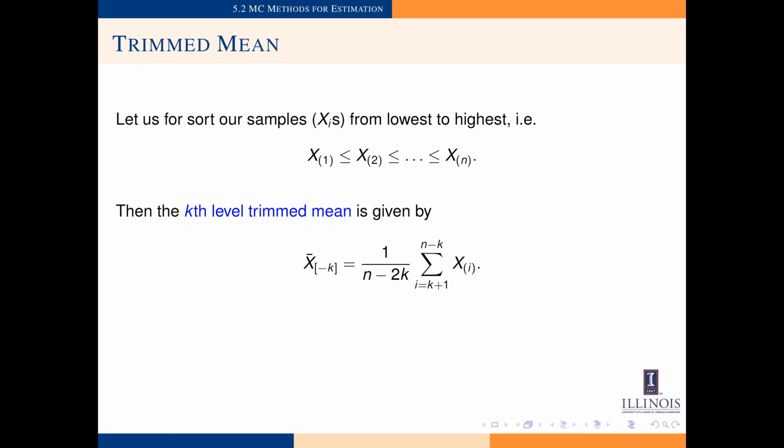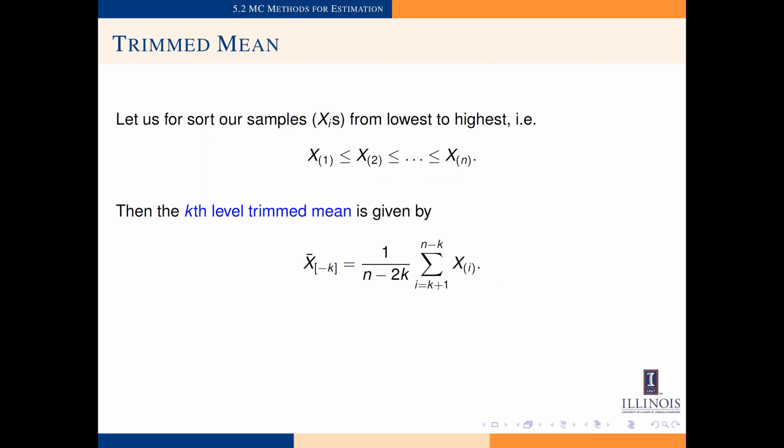Then the kth level trimmed mean, here's the notation, is equal to 1 divided by n minus 2k times the sum of the xi values, not from 1 to n, but instead from k plus 1 to n minus k. So what exactly is it doing here?